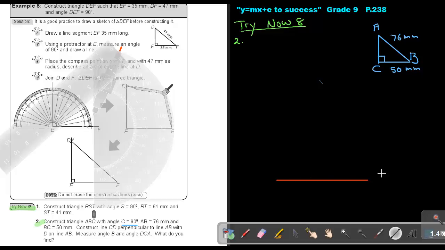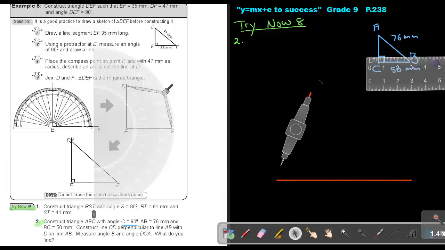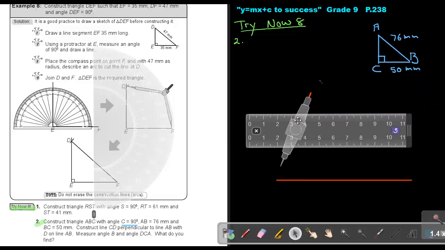First, draw a line. Now take your compass and your ruler. Put the compass on 50 millimeters, or 5 centimeters.